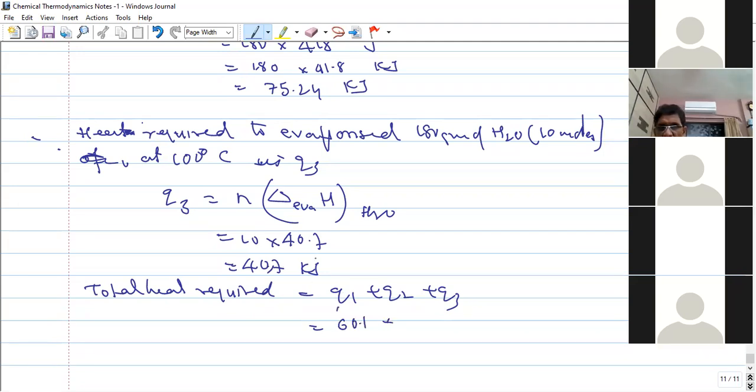Q2 75.24. Q3 40.7 और 407. सबको ऐड कर लो.